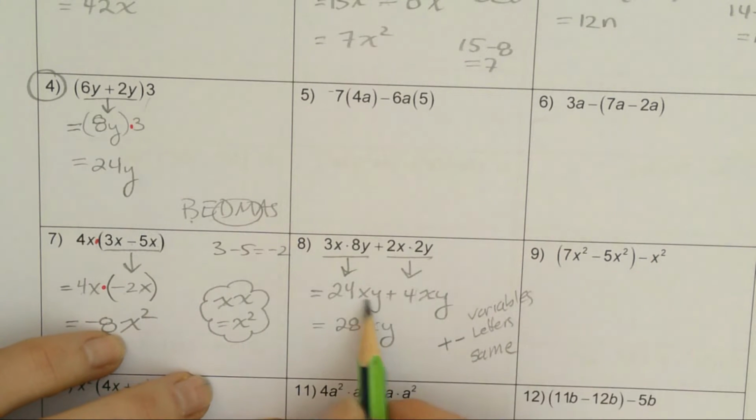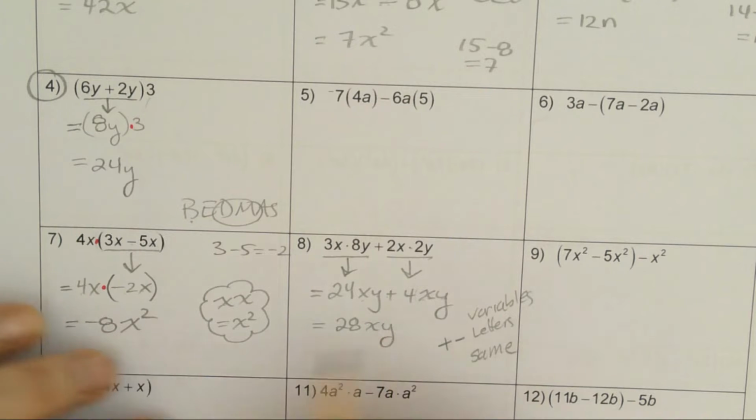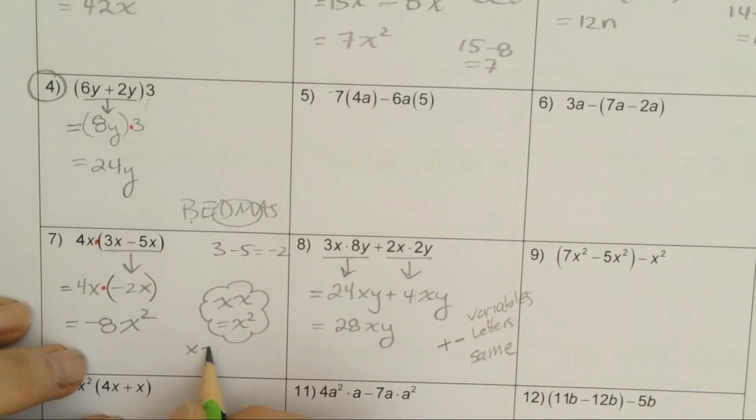Here it's xy, xy, the answer is xy. When I multiply or divide my variables, the exponents change. So you can see here, I multiply these. x times x is x squared. But when I add, they stay the same. Okay?